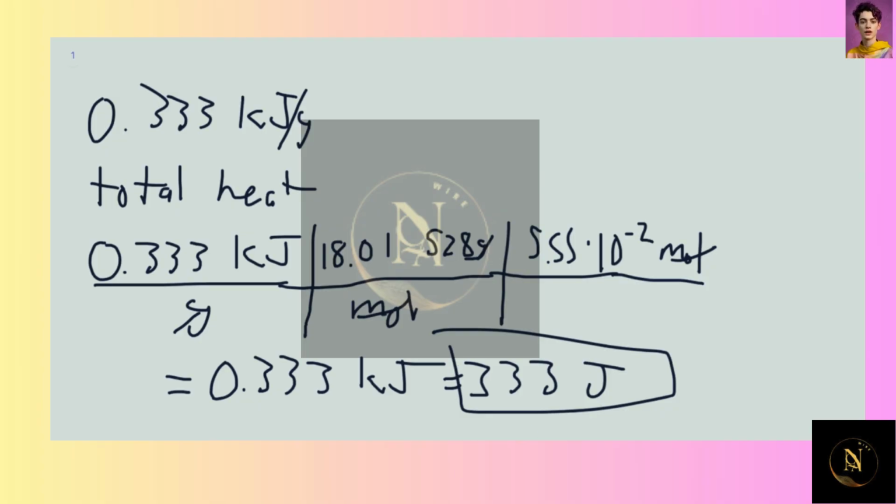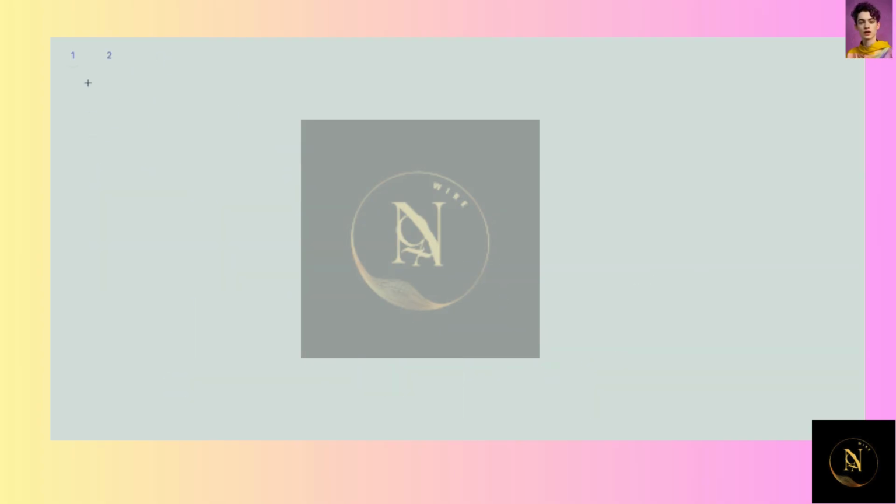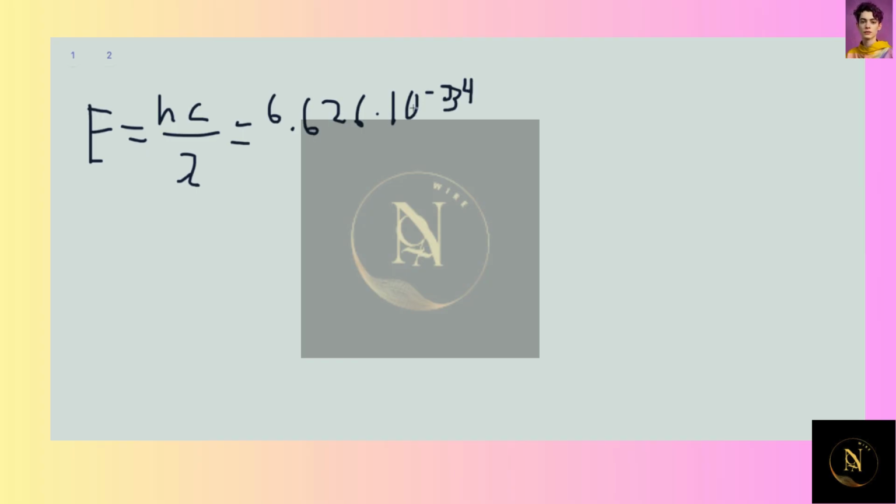So now that we have the total heat required, we can find the heat of a single photon, which is E equals hc over lambda, where h is Planck's constant, 6.626 times 10 to the minus 34th, times the speed of light, which is 2.99 times 10 to the 8th.